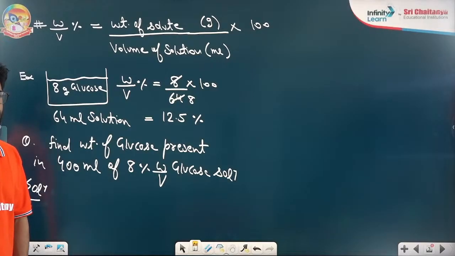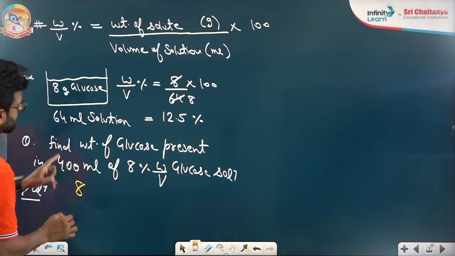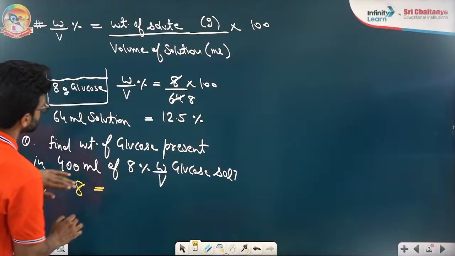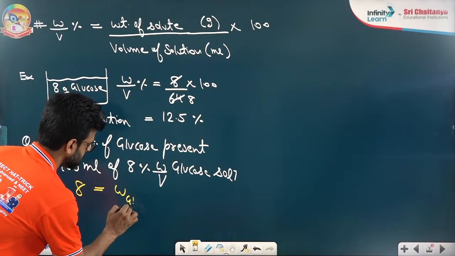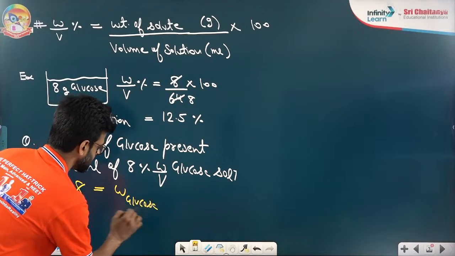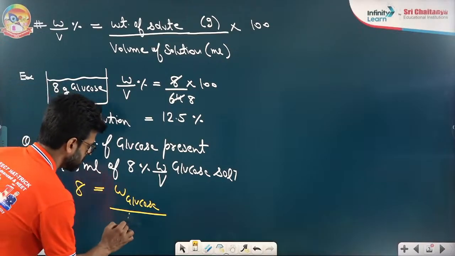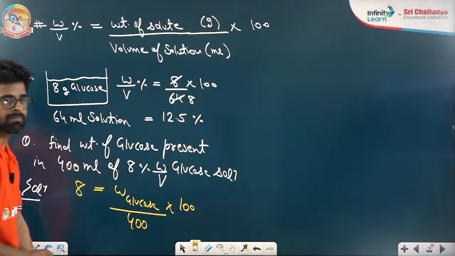Yes everyone. 8 is the percentage, right? Weight by volume percentage is 8 equals, I want to find the weight of solute, or I can say the weight of glucose, divided by volume of solution. How much is the solution volume? 400, and into 100, right?